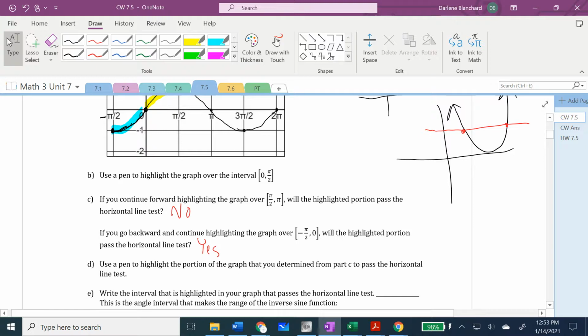And so I'm leaving it as highlighted for the yes answer. Then for letter E, write the interval that is highlighted in the graph that passes the horizontal line test. So that means you're going to write negative pi over 2 to positive pi over 2.